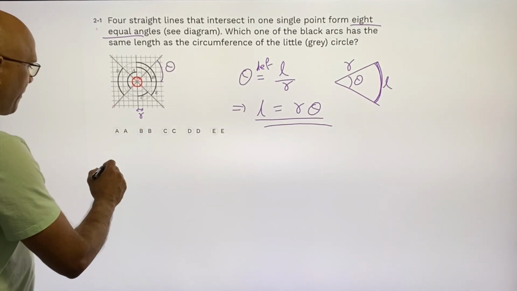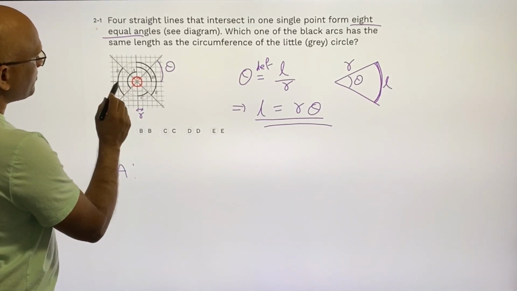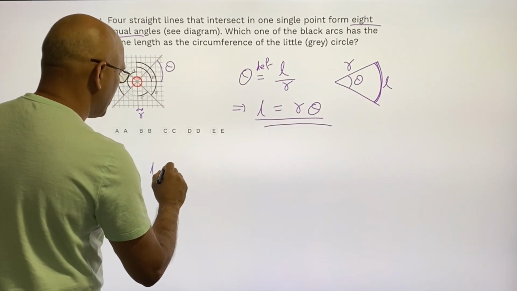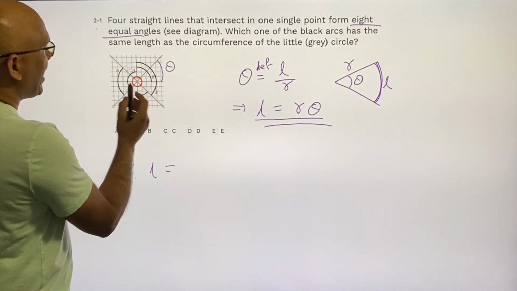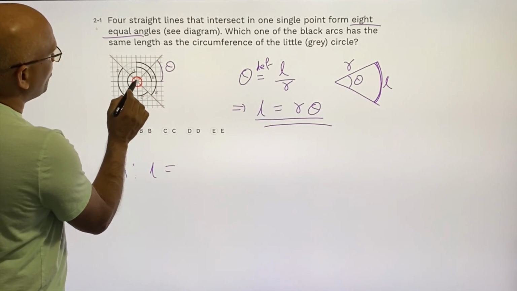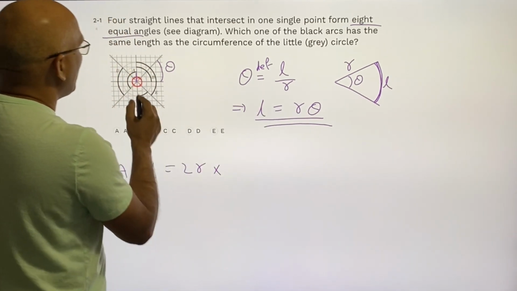For A, L is equal to R theta. The radius here is 1 unit, 2 units, so there is 2R times theta.